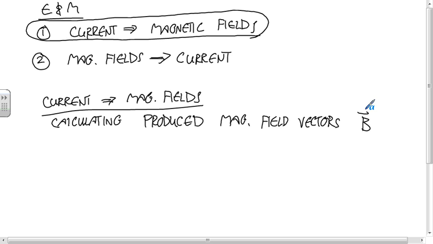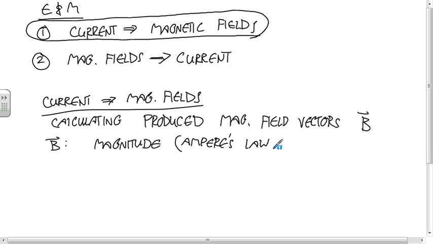And the B vector is going to be broken up into a magnitude, and the magnitude is going to come from something called Ampere's law. For the most part, this is going to be the easy part.